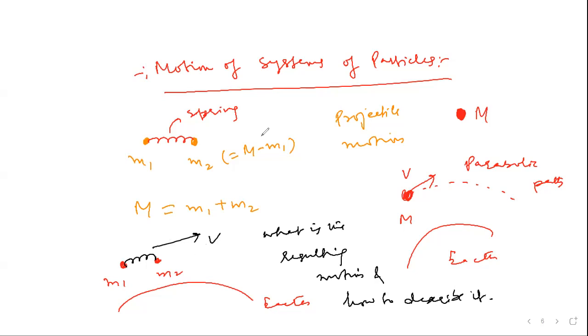So when we discuss the motion of systems of particles, we talk in terms of position of center of mass, velocity of center of mass, acceleration of center of mass, and then we apply Newton's laws of motion to this spatial particle center of mass, right? So the kinematics and dynamics of systems of particles is described by the kinematics and dynamics of this spatial point called center of mass, right?